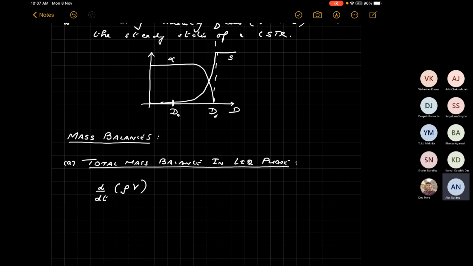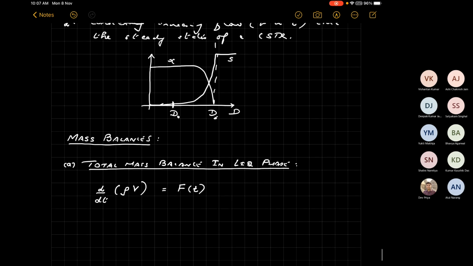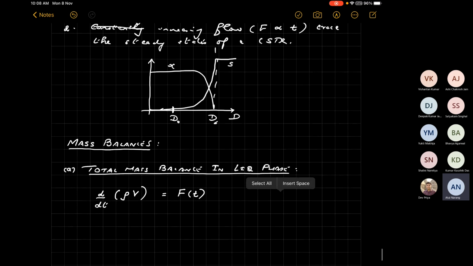Well, for this rate of change, there's only one stream coming in, which is coming in at the flow rate F, which may very well be a function of t. It's not necessarily constant. And so it is multiplied by rho F, which is the density of the feed.